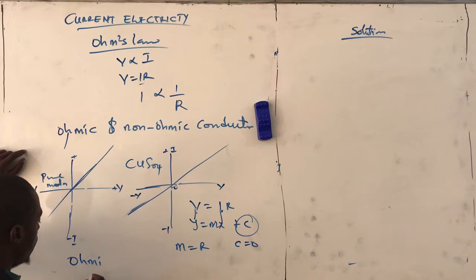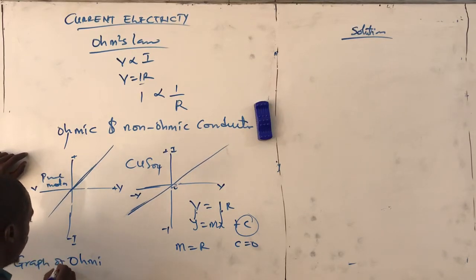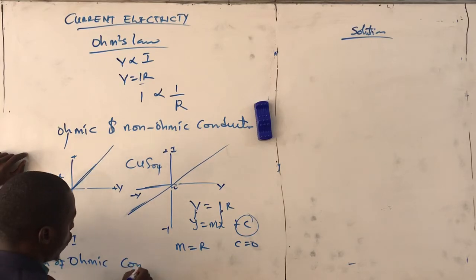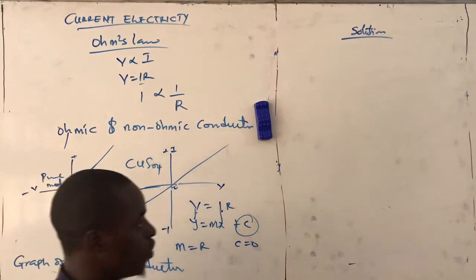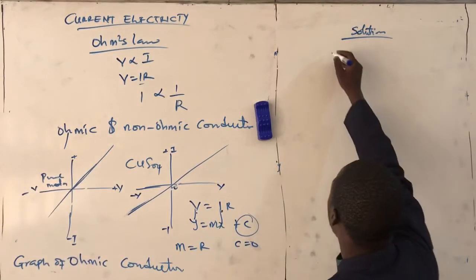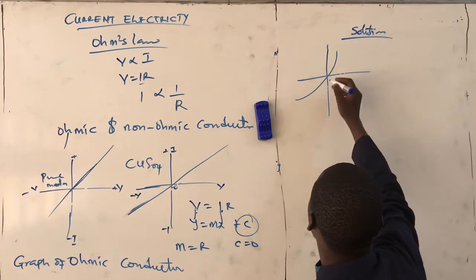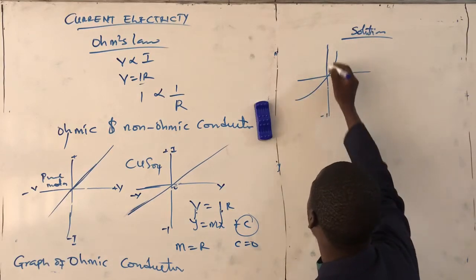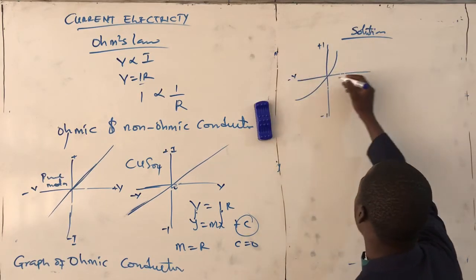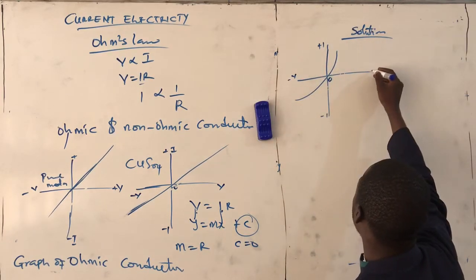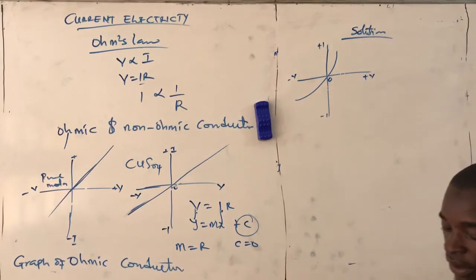These are the graphs of ohmic conductor. For non-ohmic conductor, we are going to have something like this. So we are going to have current here, potential difference, and so you see this.